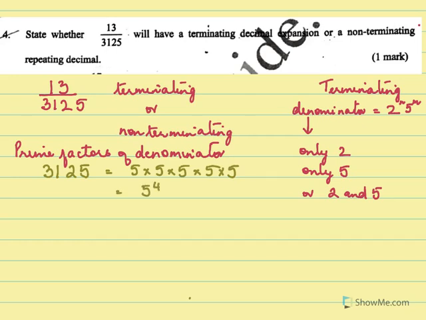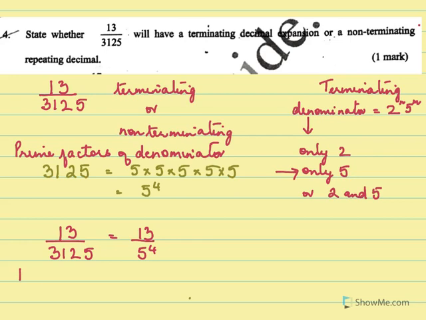So when I write now 13 over 3125 equal to 13 over 5 raised to 4. So the denominator has factors only 5. So it should be terminating.